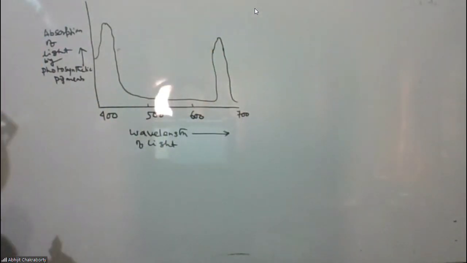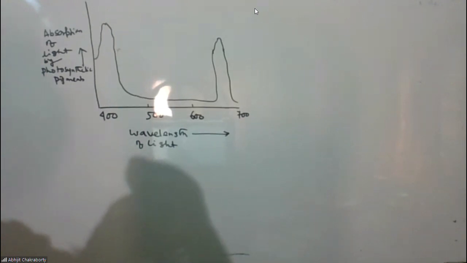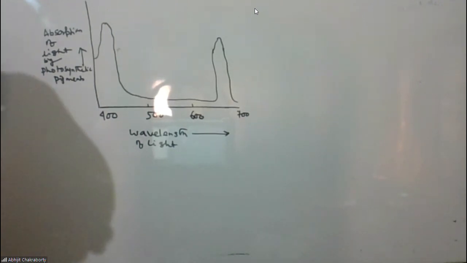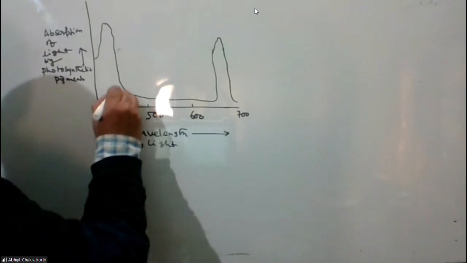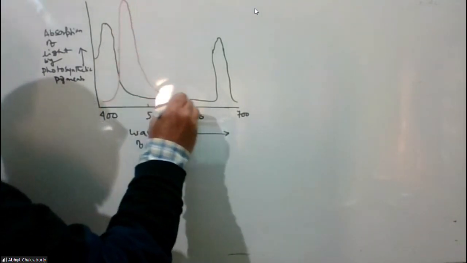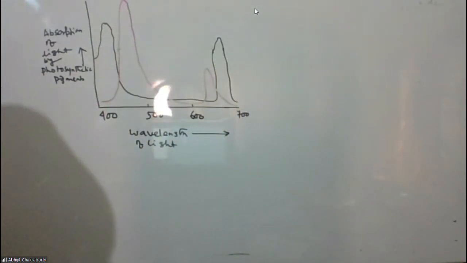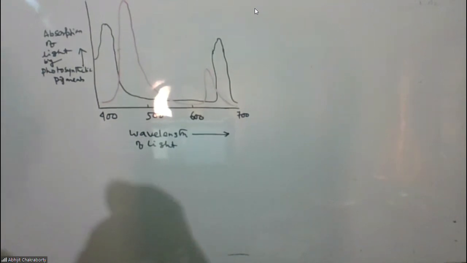This is the chlorophyll A. Then chlorophyll B. Then comes the carotenoids.